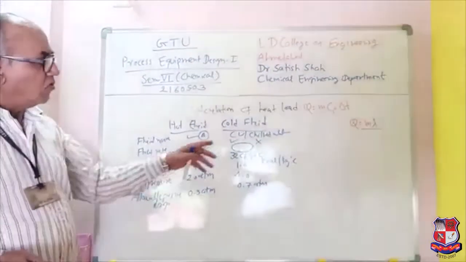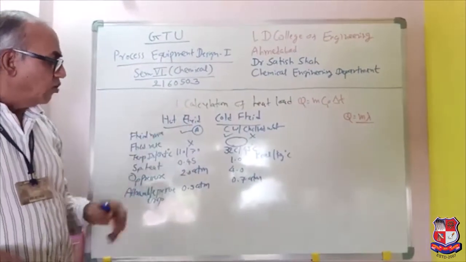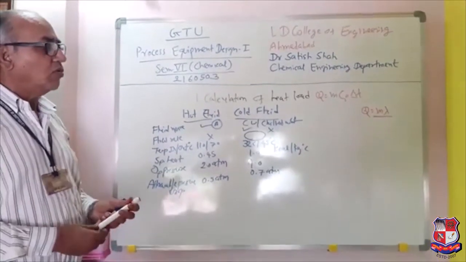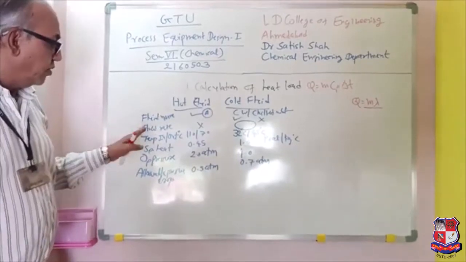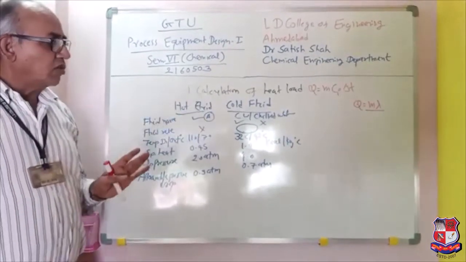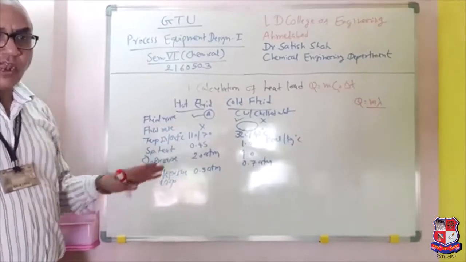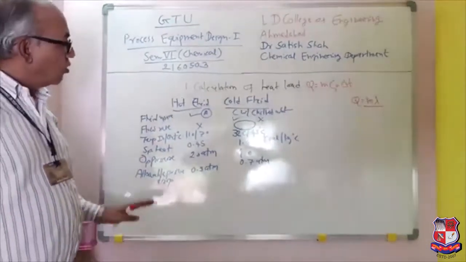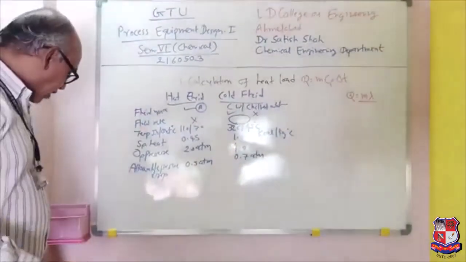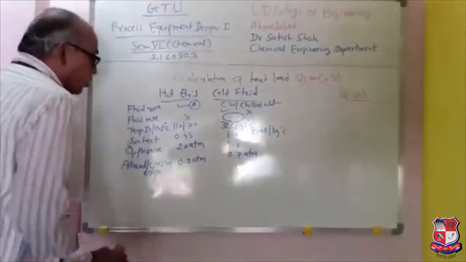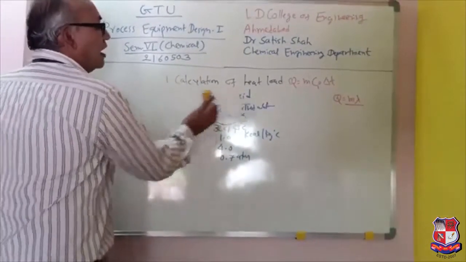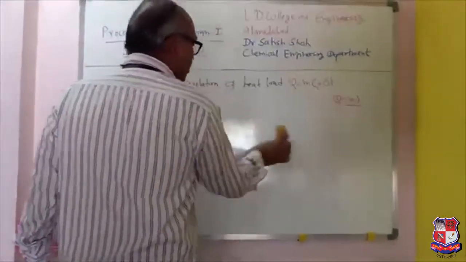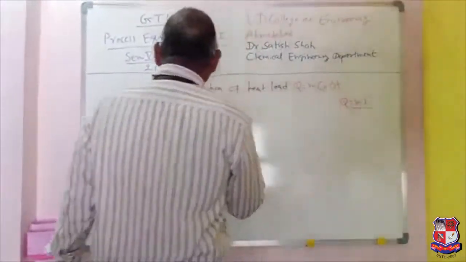But in our case, we have the simple heat load, so I can use the formula Q = mCp delta T, where m, that is the mass flow rate, is given to us, Cp is specific heat, and delta T is temperature difference. So in my first step, I will calculate the heat load like this: Q = mCp delta T or Q = m into lambda. So this is my first step when I want to start my design.